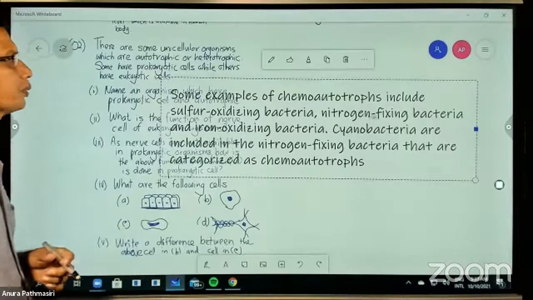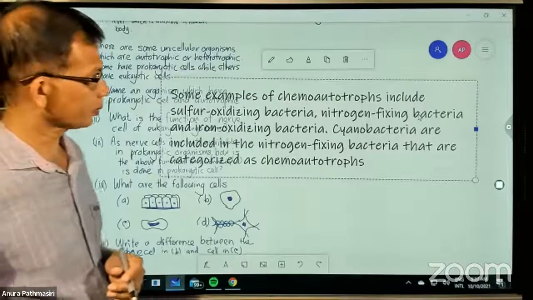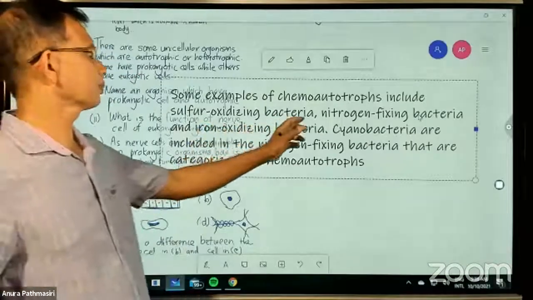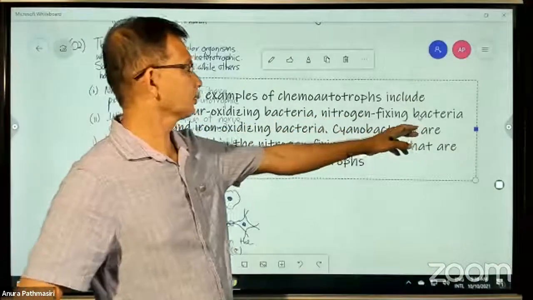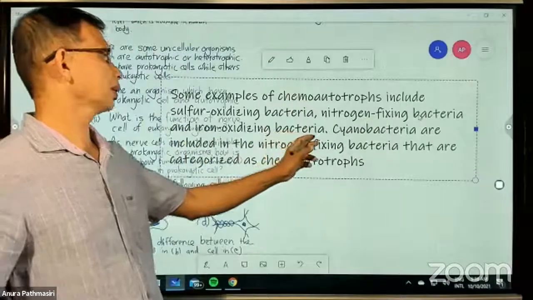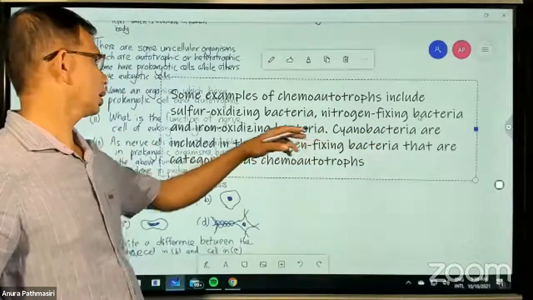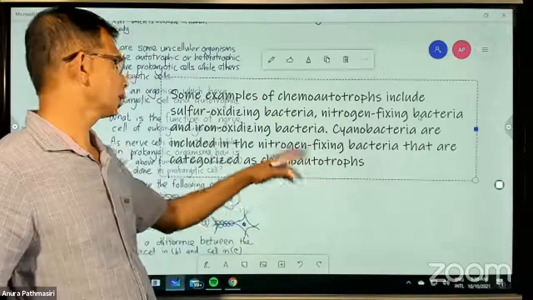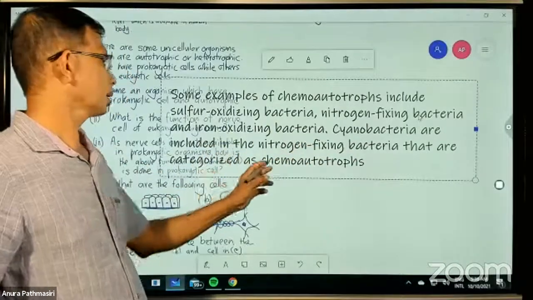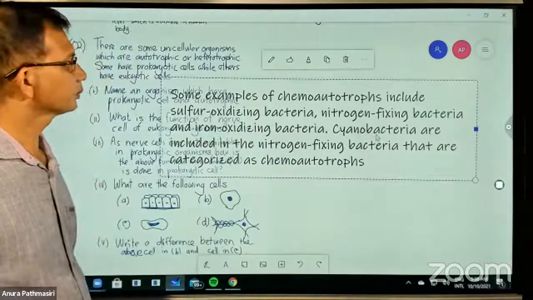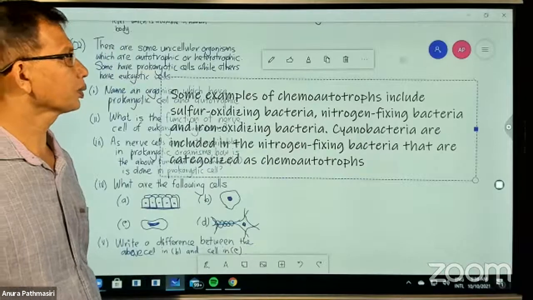Some examples of chemoautotrophs include sulfur oxidizing bacteria, nitrogen fixing bacteria, and iron oxidizing bacteria. Cyanobacteria are included in the nitrogen fixing bacteria that are categorized as chemoautotrophs. Actually, cyanobacteria is photosynthetic.